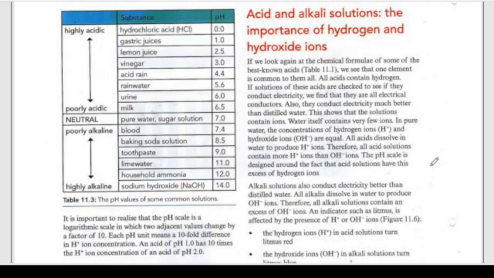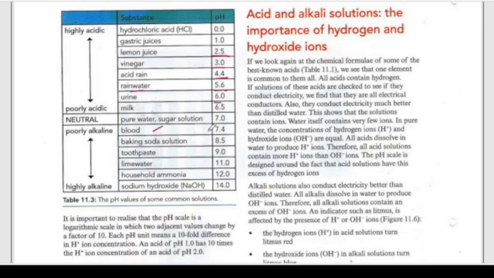Now over here you have the range of different common solutions and their pH values. Hydrochloric acid is around 1, gastric juices again 1, lemon juice 2.5, vinegar 3, acid rain 4.4, rainwater 5.6, urine 6, milk 6.5. Pure water and sugar solution have the neutral value of 7.